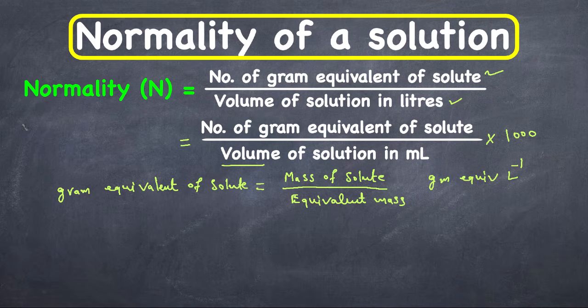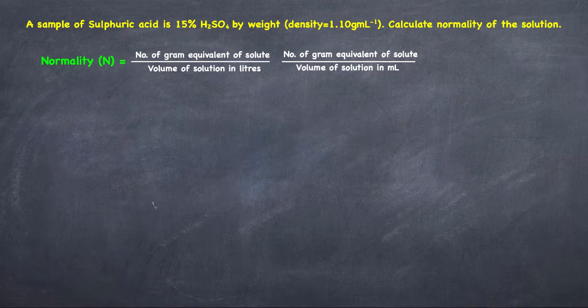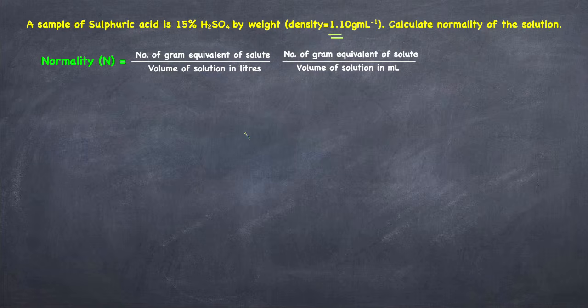Okay, now we're gonna go over this one example over here. A sample of sulfuric acid is 15% H2SO4 by weight, and we're going to calculate the normality of the solution, and they also gave us the density here.